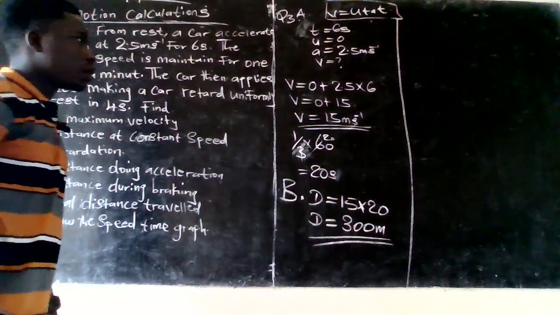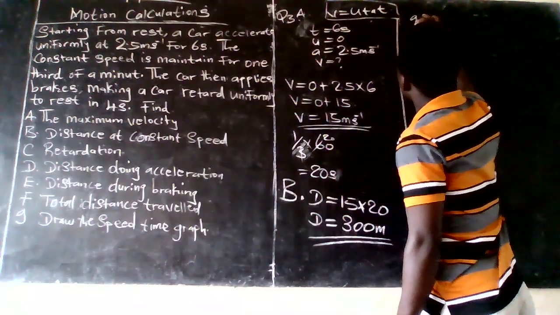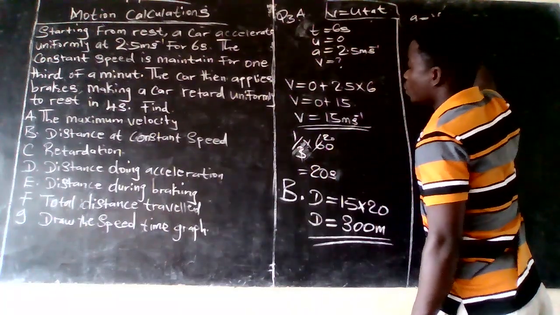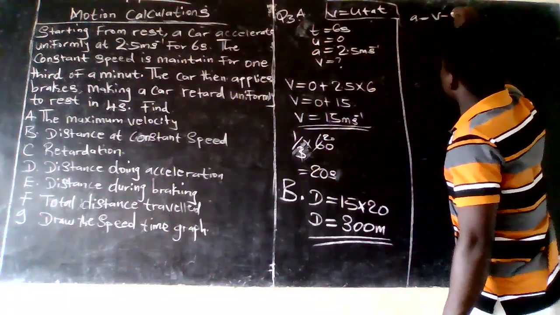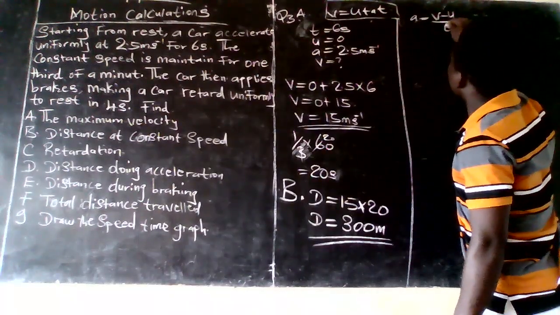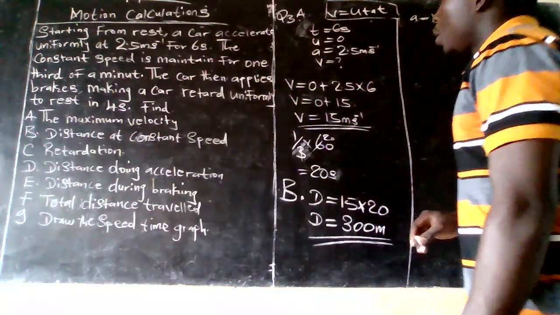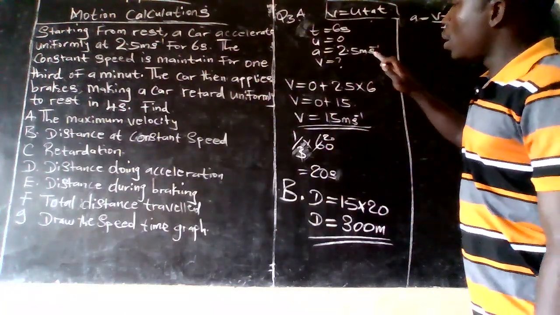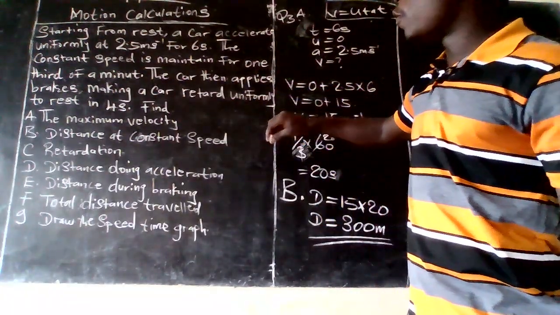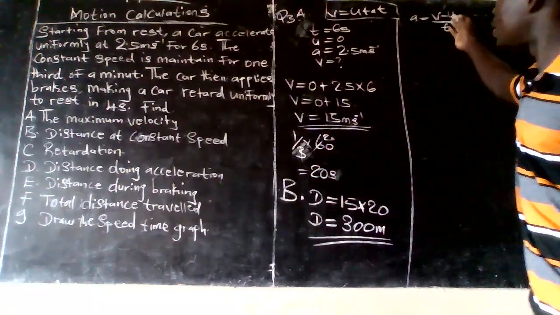C, retardation. So we are going to use this formula: a equals v minus u over t. The car then applies brakes, making the car retard. So from the braking point, the velocity there is 15.